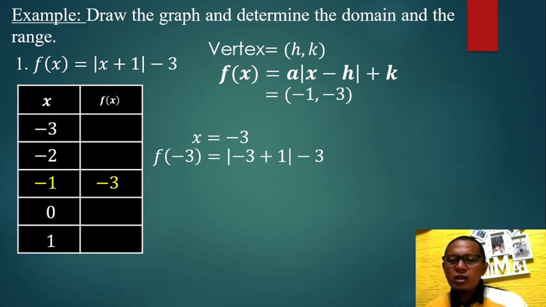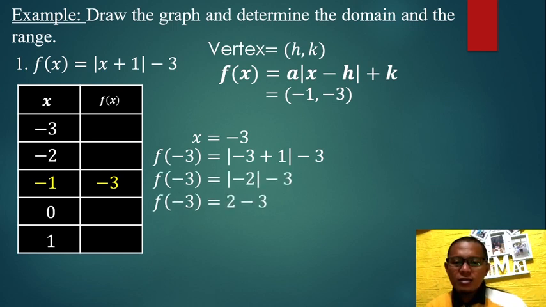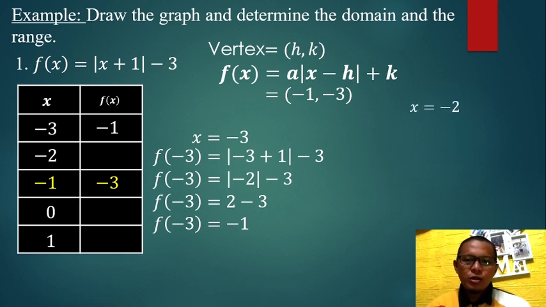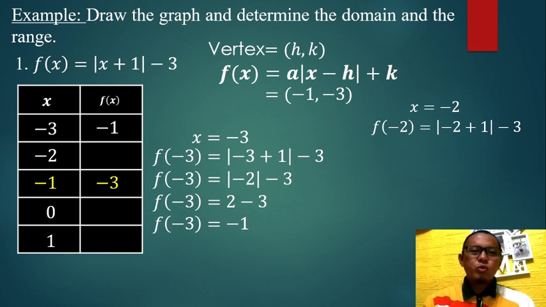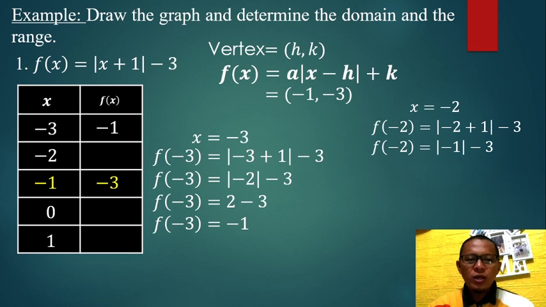So the absolute value of negative 3 plus 1 minus 3, you get negative 1. Alright? How about negative 2? If x is negative 2, let's substitute the value of x is negative 2. F of negative 2 is equal to the absolute value of negative 2 plus 1 minus 3, and then you get negative 2.